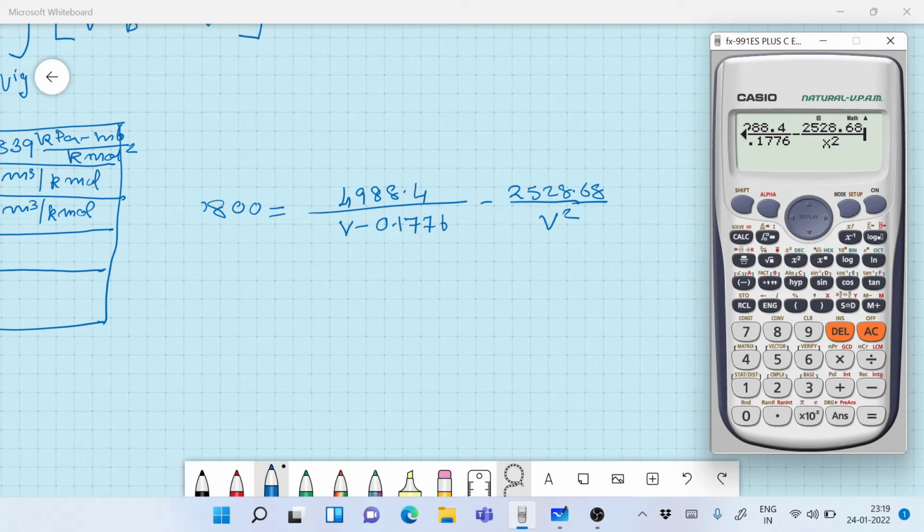So we have put the equation. Now shift, solve. Now let us give the initial value, which is the ideal gas value. So that's somewhere around 6.23.